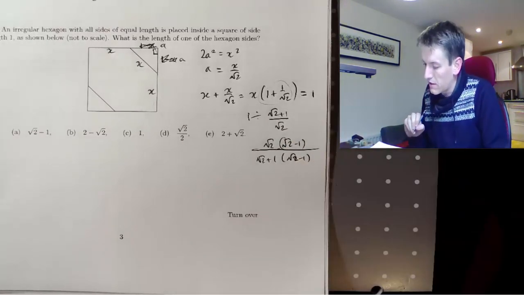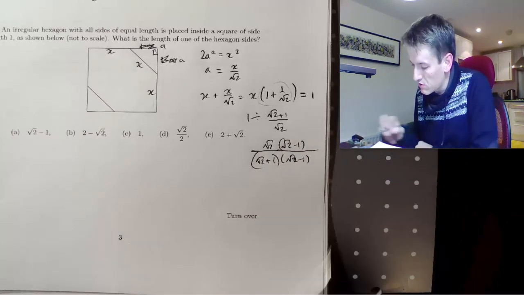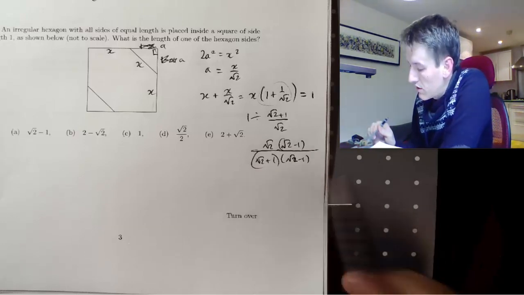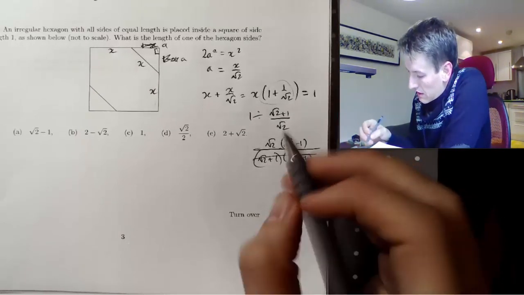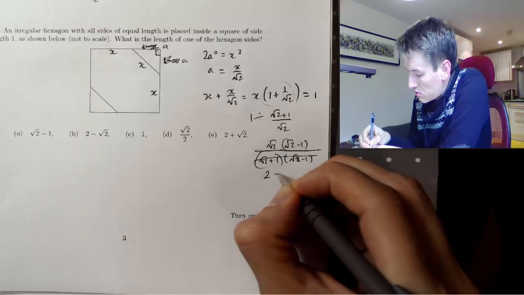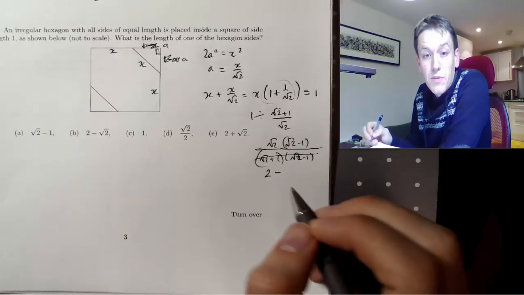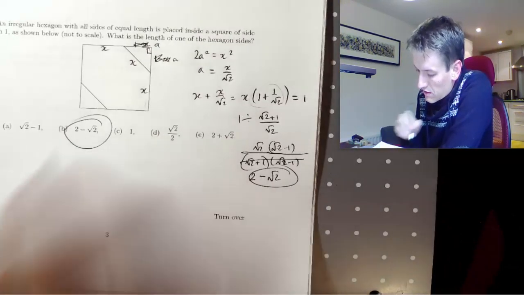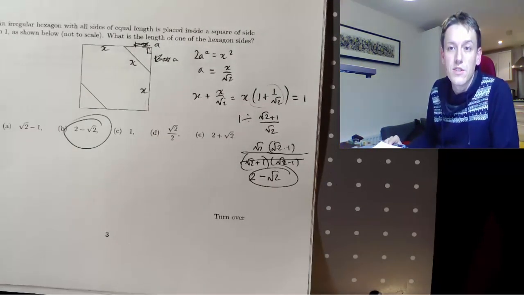That should be a familiar thing to do, to create the difference of two squares on the bottom, which here is root 2 squared minus 1 squared, which is just 1. So I just get root 2 times root 2 is 2, and root 2 times minus 1 is minus root 2, so 2 minus root 2, and that is one of the answers here, which is B.